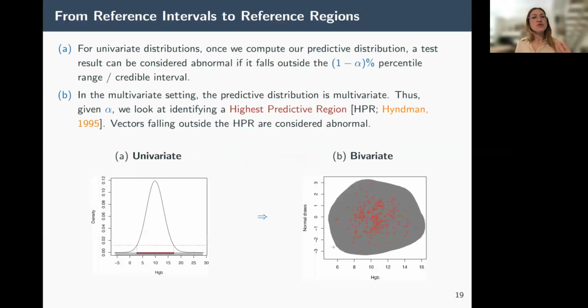So what we need to do is move from the univariate context where we build reference intervals, such as the one that you see here, for example, for one of the 2 biomarkers, to a setting in which we build a simultaneous region for both of the 2 biomarkers. And this region will depend on the dependency structure.